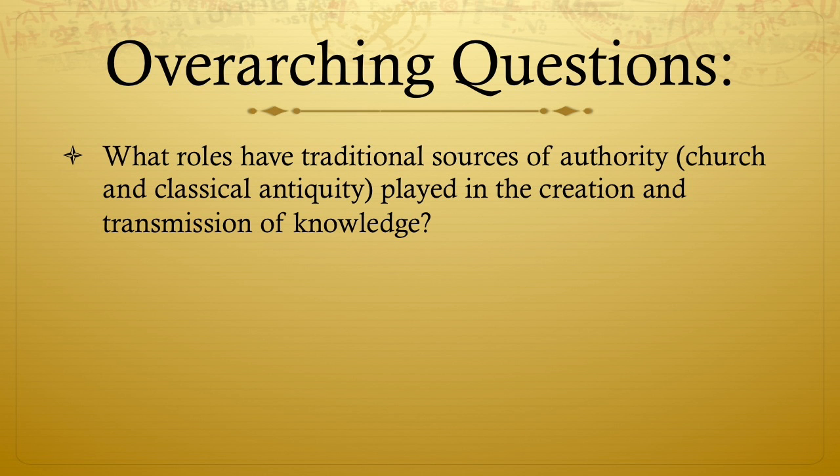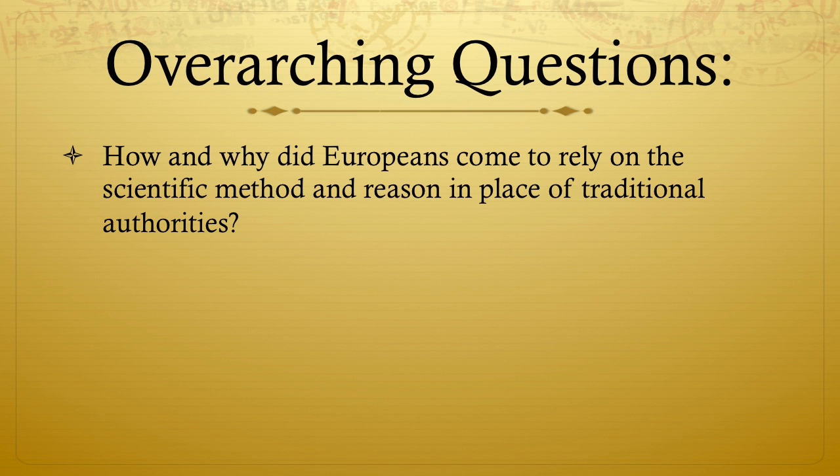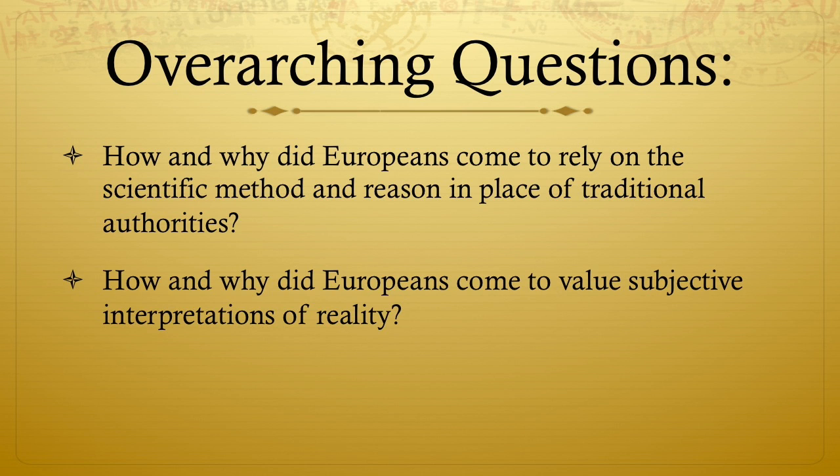What roles have traditional sources of authority, church and classical antiquity, played in the creation and transmission of knowledge? How and why did Europeans come to rely on the scientific method and reason in place of traditional authorities? And finally, how and why did Europeans come to value subjective interpretations of reality?